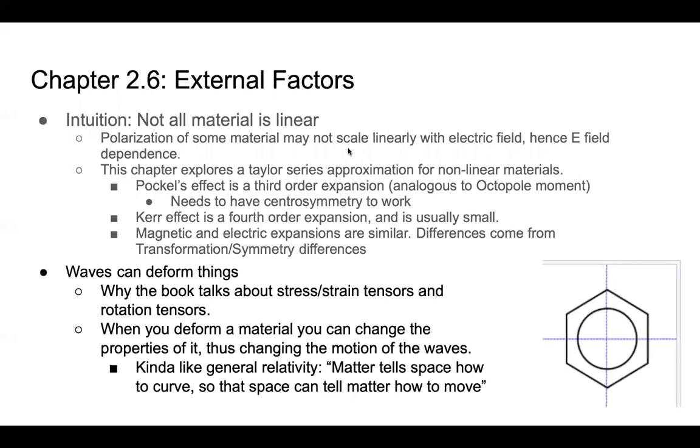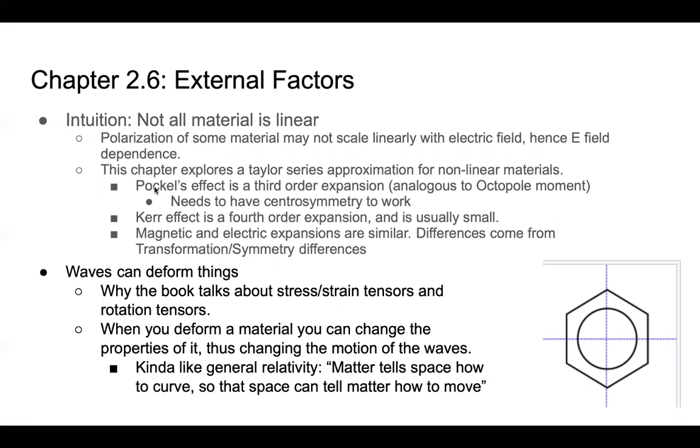And then I guess chapter 2.6 talks about some external factors. It's similar to chapter 2.7. And the intuition behind this chapter is that not all materials are linear. So polarization of some material may not scale linearly with electric field. Like in some materials, if you apply a really strong electric field, the polarization will increase dramatically. So in this chapter, we explore a Taylor series approximation for nonlinear materials.